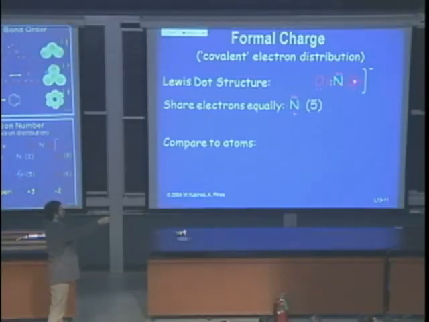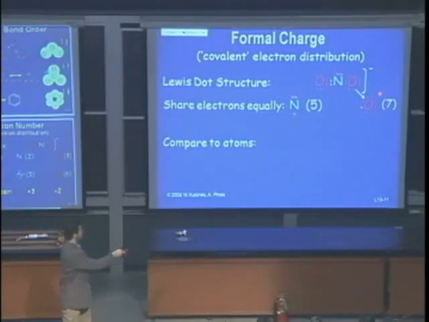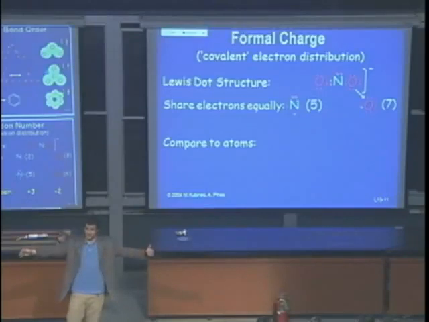Here there's 2 bonding electrons between nitrogen and oxygen, so 1 goes to nitrogen, giving us a total of 5 electrons to nitrogen. If we look at this oxygen, it has 7 electrons, 6 lone pair electrons, and 1 bond. The bond gives us 1 electron because the bond is a pair of electrons, and we're splitting them evenly because it's a covalent bond. So this oxygen has 7.